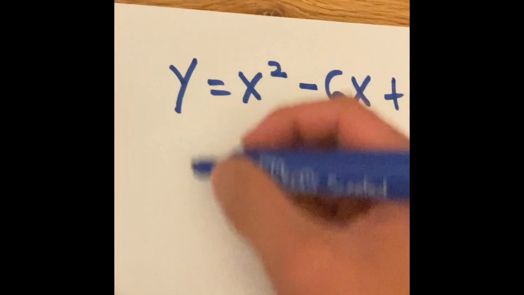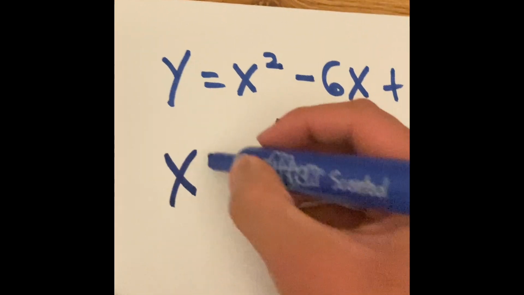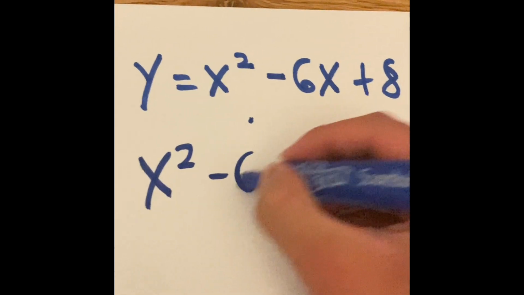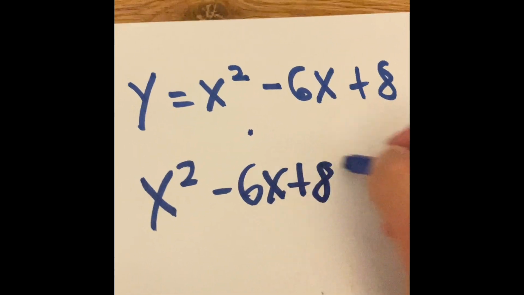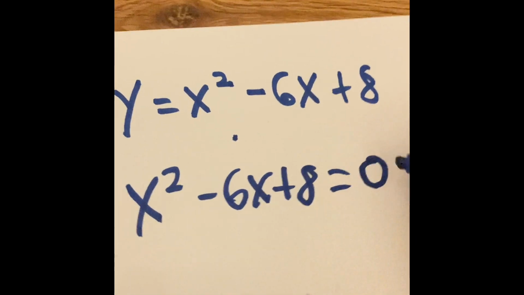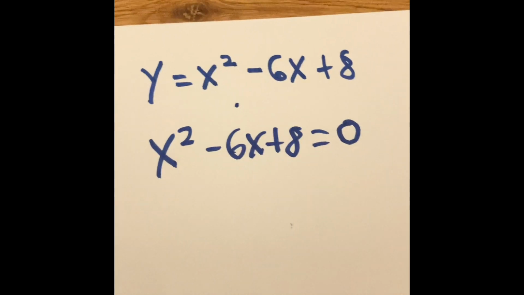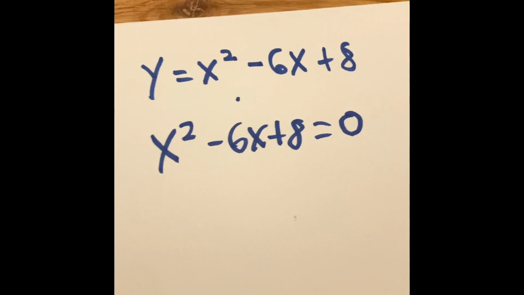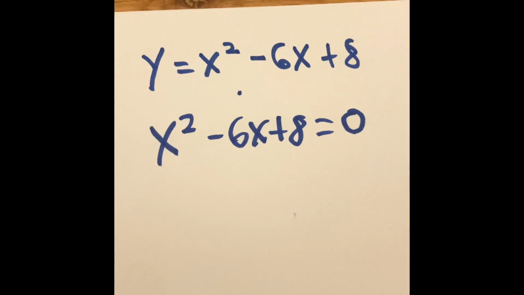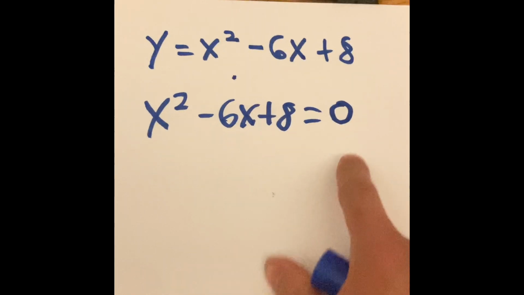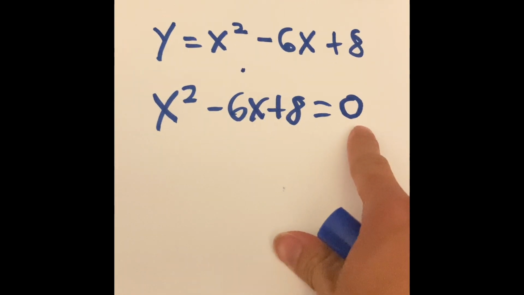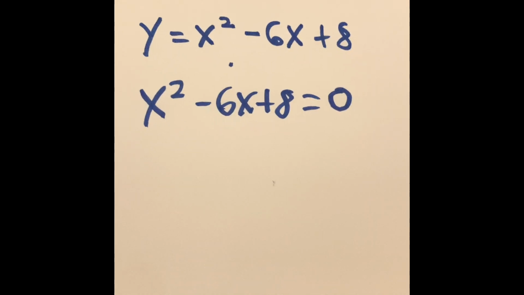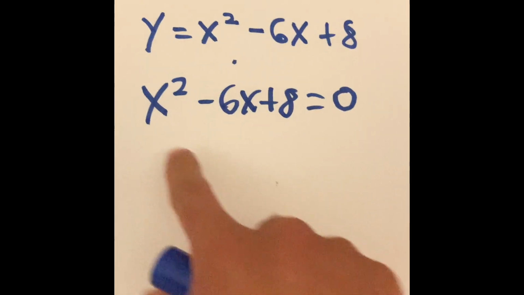So what we're going to do is rewrite the problem as x squared minus 6x plus 8 equals 0. If you put the 0 on the right-hand side, it's easier to understand and easier to do the math. After you write 0 right there, the next step is to factor the trinomial.